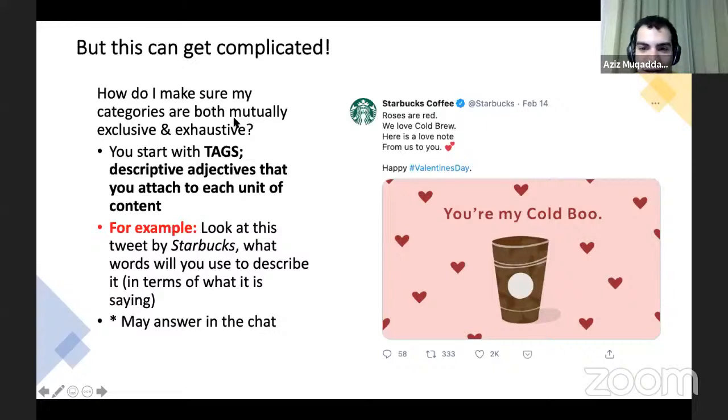What category could sum up those words or these tags? Happy, festive, love, loved, affection. What one word can encapsulate all of that? Like one umbrella term for all of that. Yeah, thank you, Kylie. Yeah, feelings, emotion. So emotional feelings, right?